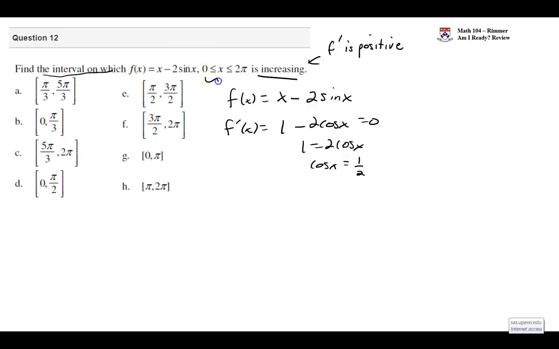Now we're interested in x between 0 and 2 pi. Cosine takes on the value of a half twice in that interval. On the unit circle, cosine is a half in 2 places.